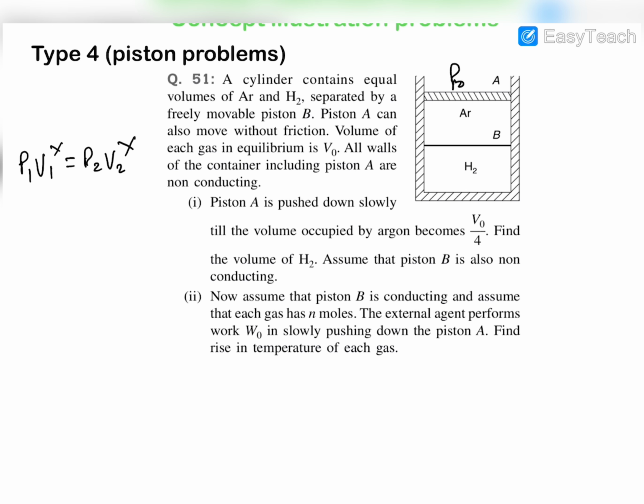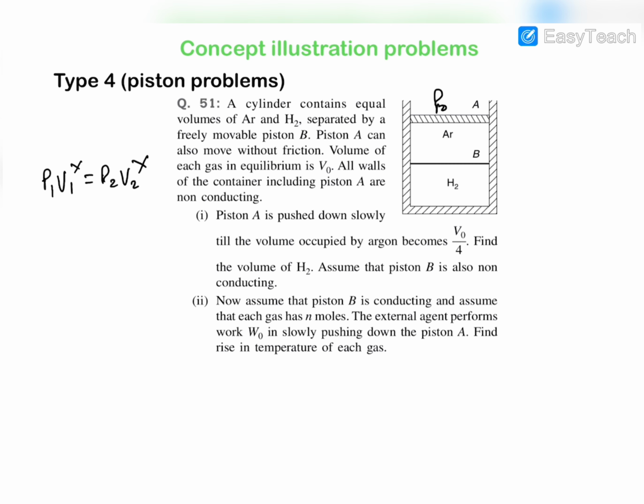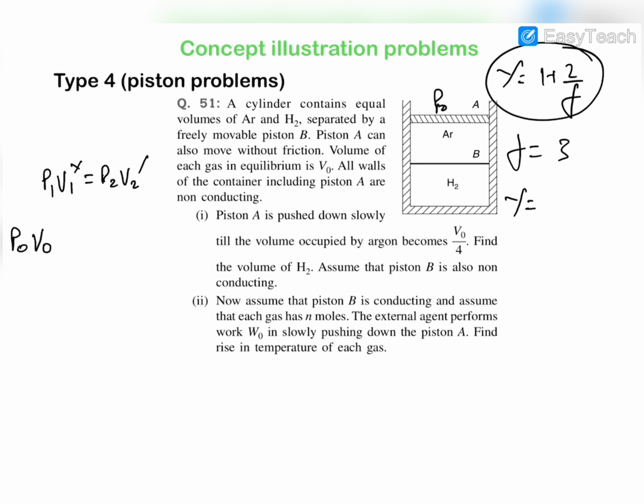So for argon, which is a monoatomic gas, the initial pressure was P naught and the volume was V naught. Gamma is equal to 1 plus 2 by F, where F is the degree of freedom, and for argon the degree of freedom is 3. So gamma for argon will be equal to 5 by 3.